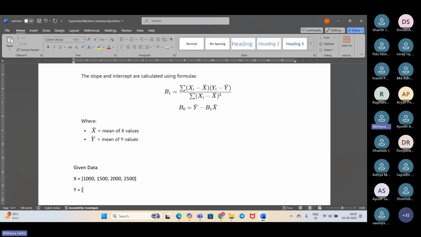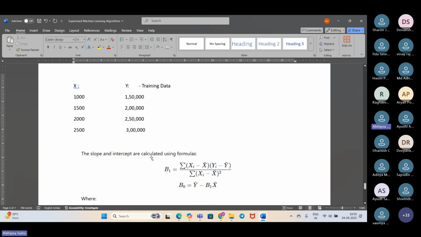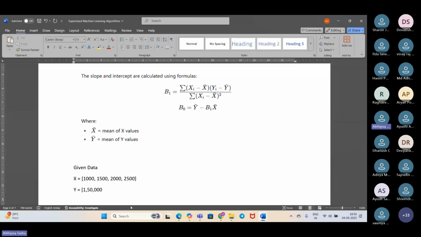We are getting 1,50,000 to 3 lakhs. So 1,50,000, next is 2 lakhs, next 2,50,000, and 3 lakh. So this is my given data.